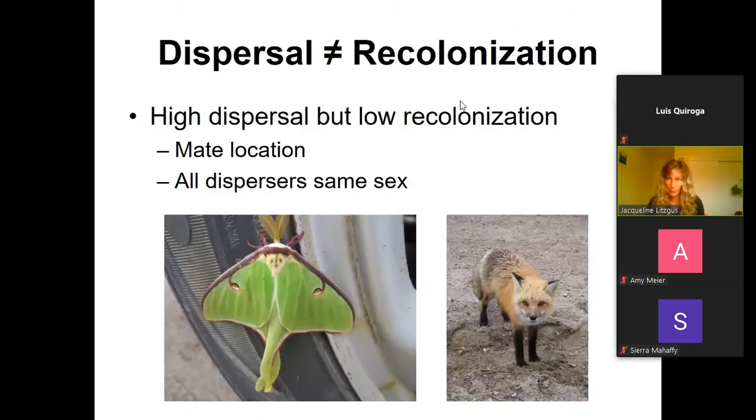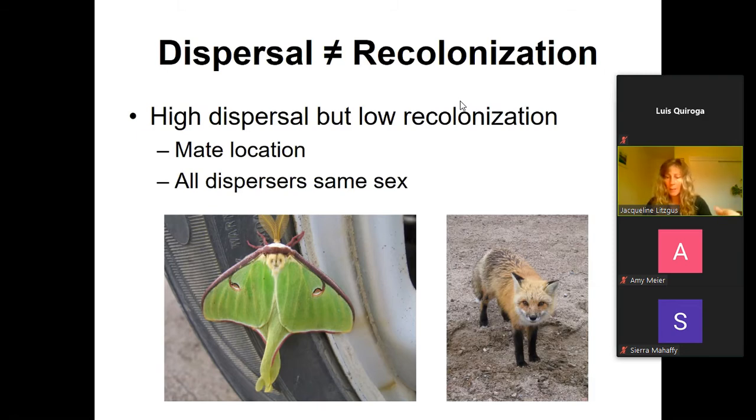One little side piece I just want to mention here is that dispersal and recolonization are not necessarily interchangeable. They're not the same thing. We can't just consider them to be the same thing. You can have a species that has high dispersal abilities but actually low recolonization. If the main benefit of dispersing was to go find mates, for example, so that the dispersal went primarily to areas that already had members of the same species, then you're not going to have recolonization because there are already individuals there.